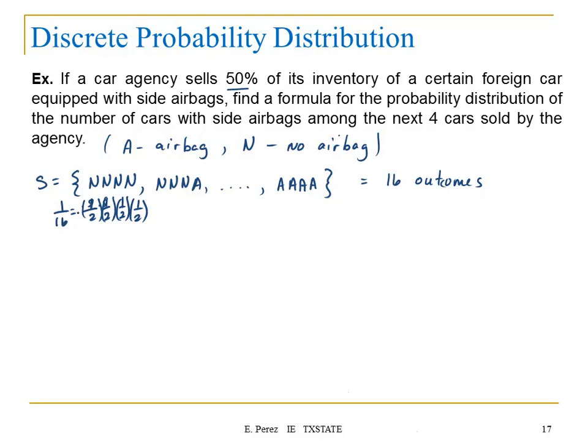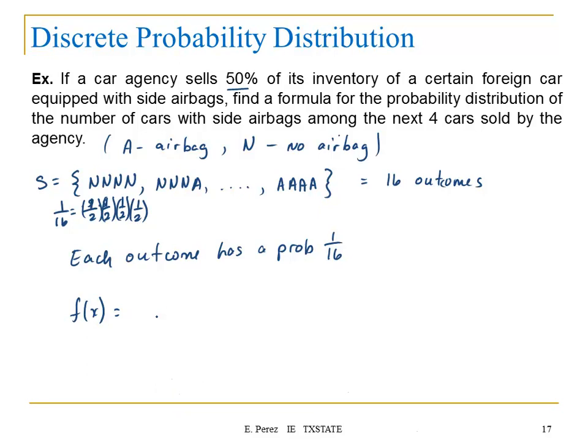So each outcome will have a probability of 1 over 16, which is the same as 1 over the total number of outcomes.